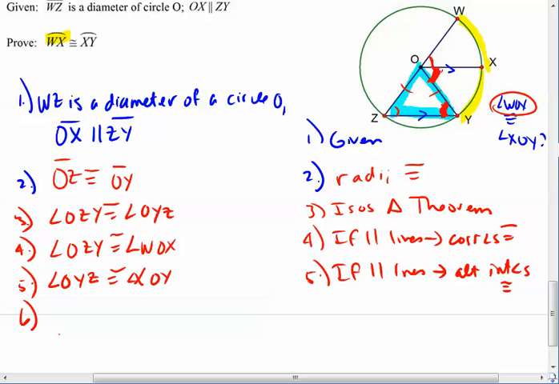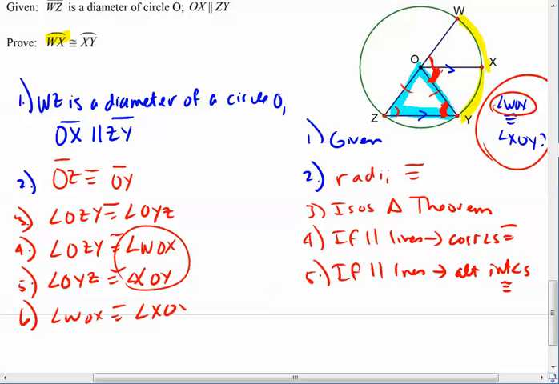So let's cut out the base angles and focus on these angles up here that I wanted to prove congruent in the first place. Angle WOX is congruent to angle XOY, and we can say that that's true via either transitive or substitution. I know most of you prefer substitution.